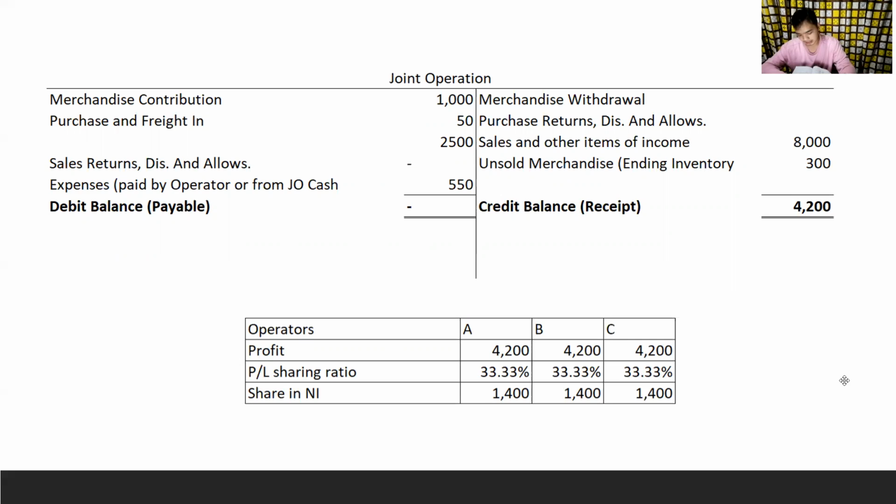Expenses stated in letter F, 550 pesos. There's no merchandise withdrawal, there's no purchase returns, discount, allowances. Sales and other item of income of 8,000, letter E. And unsold merchandise ending inventory of 300 pesos.